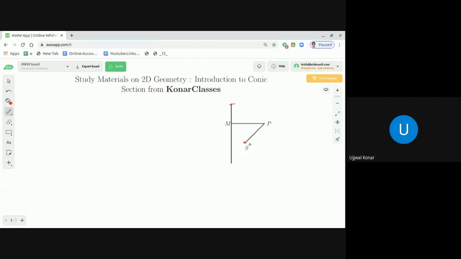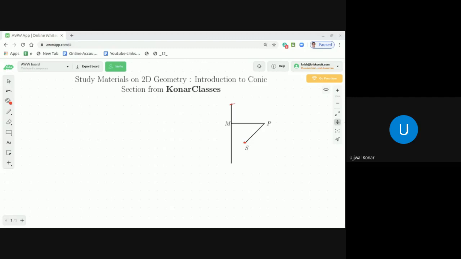I repeat once more: the line you see, which is a vertical line on which the point M exists, is called the fixed line, and the point is what we consider the fixed point. Now, a conic section or conic is the locus of a point P. You see the point P, dear students?